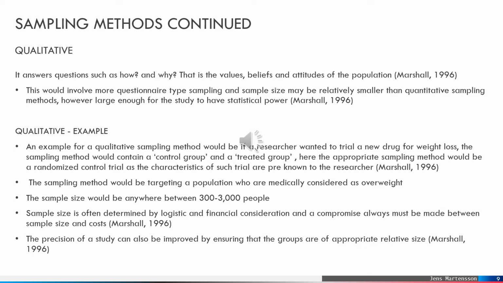The sampling methods would be targeting a population who are medically considered as overweight. The sample size would be anywhere between 300 to 3,000 people. Sample size is often determined by logistic and financial consideration, and a compromise always must be made between sample size and costs. The precision of a study can also be improved by ensuring that the groups are of appropriate relative size.